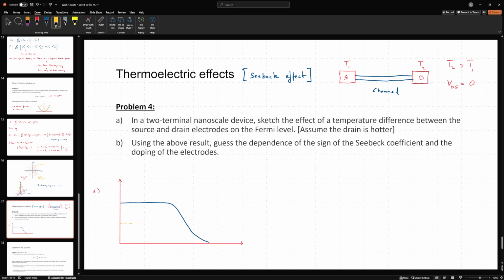So this is the EF. So this graph is E and F of E. Of course, this is 1, and this is 0, and this is 0.5. Now, blue is the source.